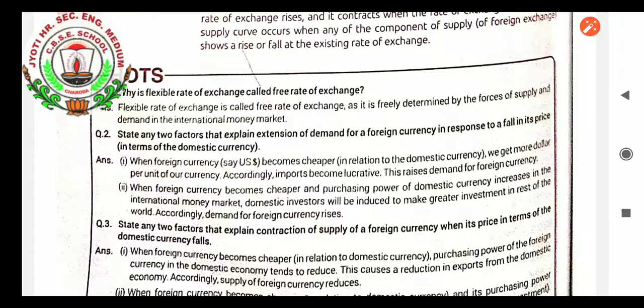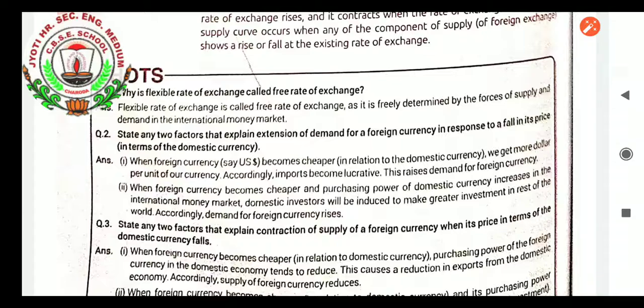When foreign currency becomes cheaper and the purchasing power of domestic currency increases in the international money market, domestic investors will be induced to make greater investment in the rest of the world. The foreign reserves they have, they can deposit, they can make an investment, and they can get on easy terms the particular investment from the foreign countries. So these are the basic two factors why we require foreign reserves in response to a fall in its price.